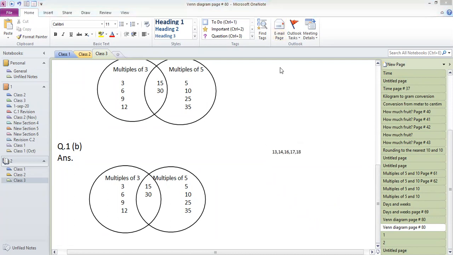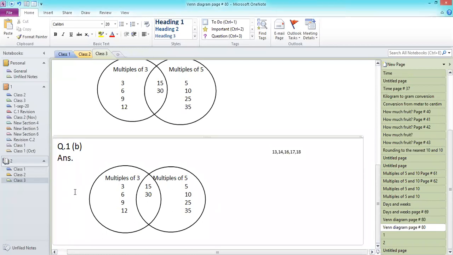Yes, guys, where should I write 13? Tell me now. Outside the circle. Why? Because 13 is neither a multiple of 3 nor a multiple of 5. So I will write 13 outside the circle.